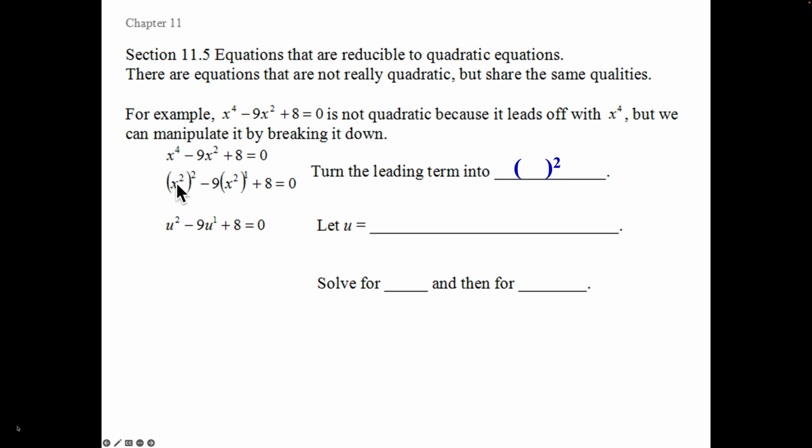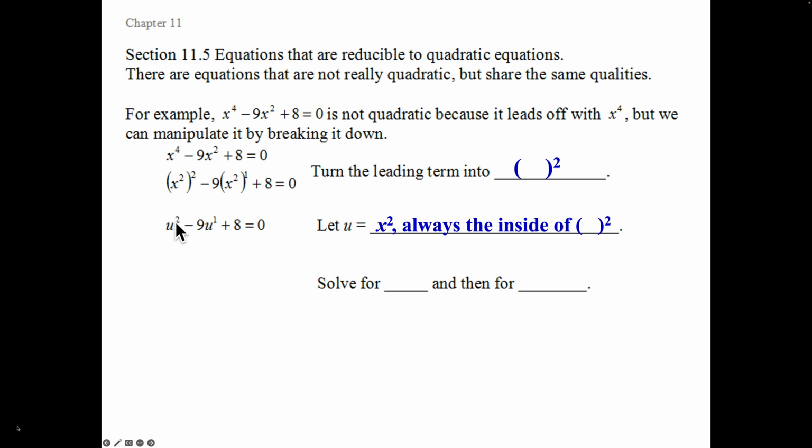So x to the fourth can break down to x squared, squared. This x squared can be raised to the first. So x squared is what's going in the parentheses. We're not going to put x squared in because that takes us back to here. But we're going to put u in place of that x squared.